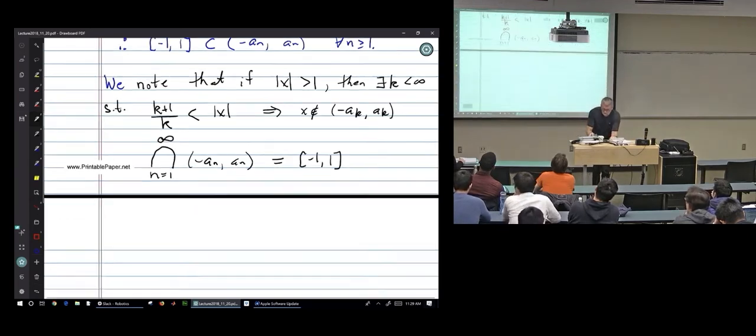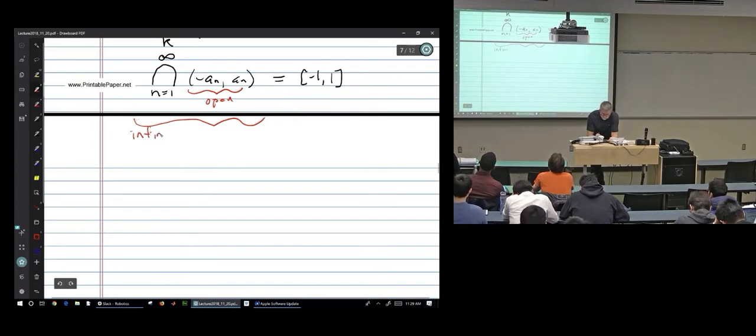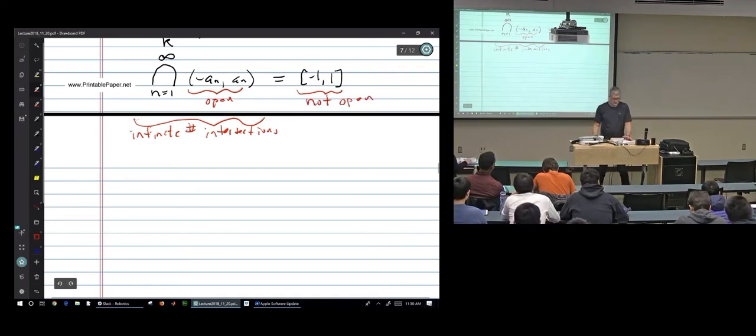So here's open, an infinite number of intersections, and this is not open, okay? That's the only thing we care about. It's not open.